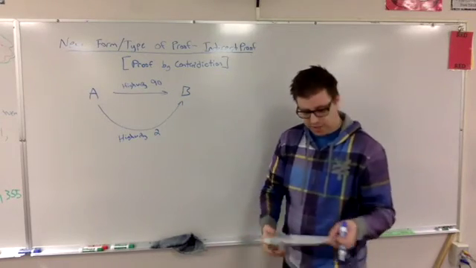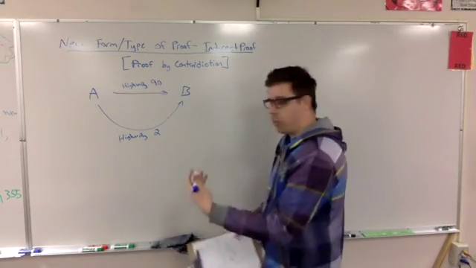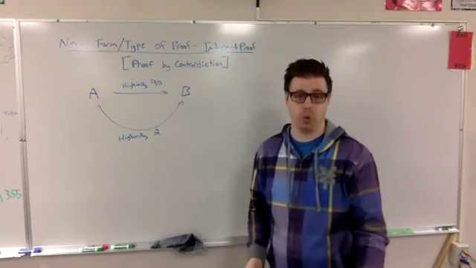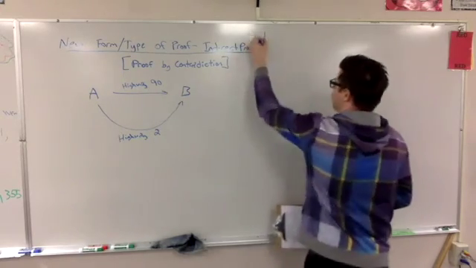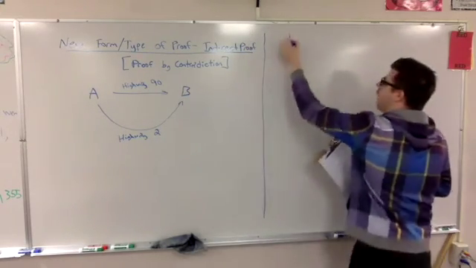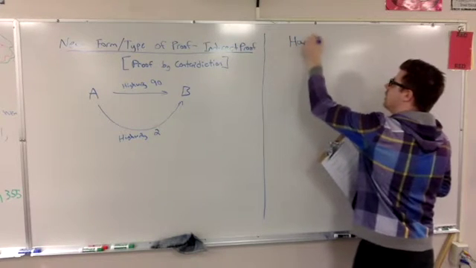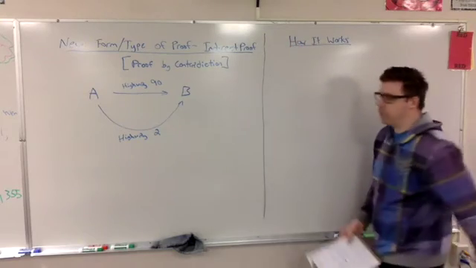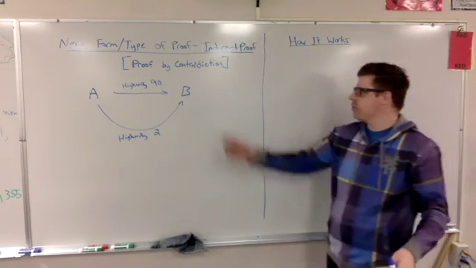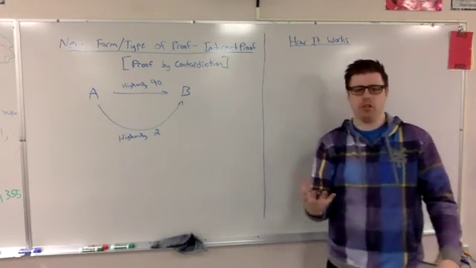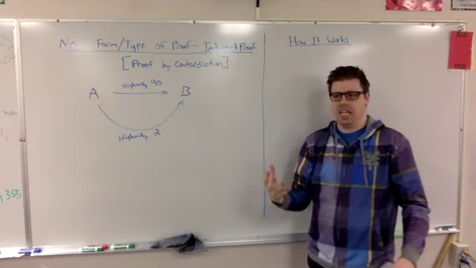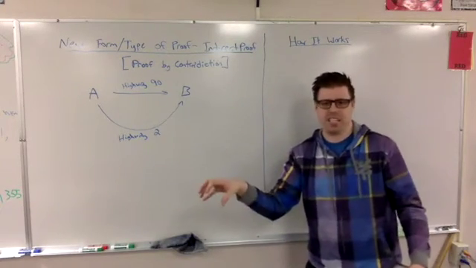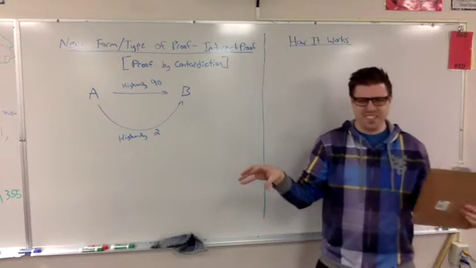So let's try this out. And in fact, before we do so, let's talk about how it works. And it works pretty good. The word contradiction means that you originally said something and then you come to the conclusion that's the exact opposite.